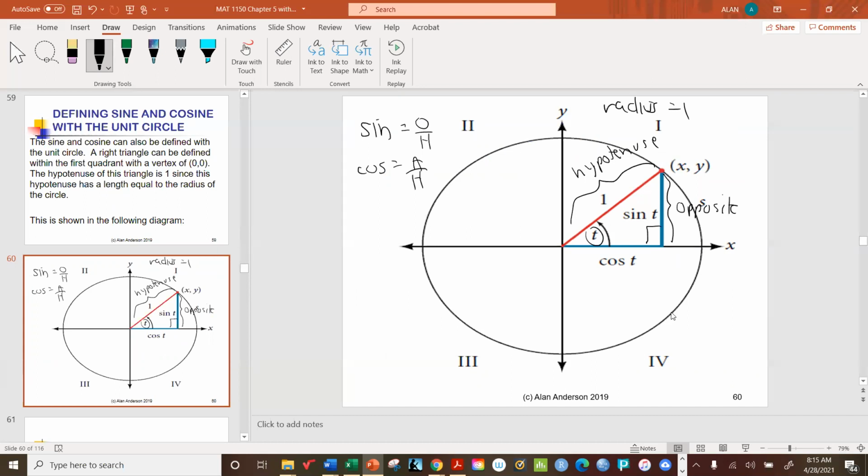Now, remember the way these are defined. The sine is the opposite over the hypotenuse. Because the hypotenuse is 1, with respect to this angle T, this side is the opposite, and this would be considered the adjacent side. So if the sine is defined as O over H, but H is equal to 1, that implies the sine equals just the opposite.